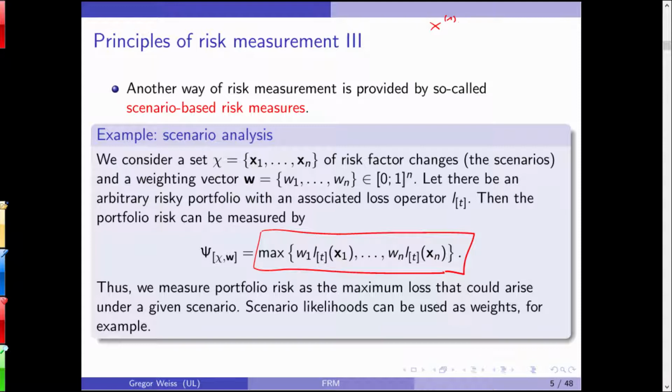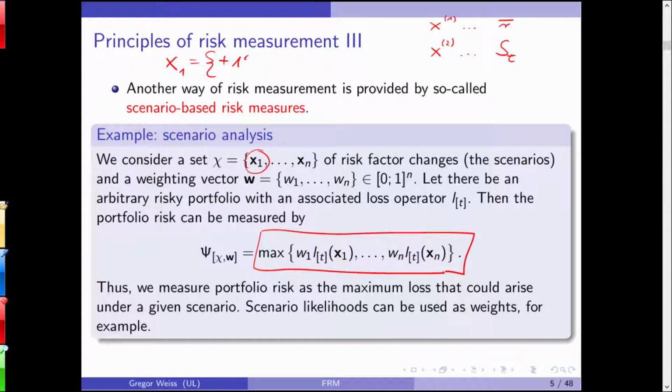Let's put it this way: X1 is the risk-free rate, and X2 is maybe a stock price. Then X1 here is simply a set of two changes in these risk factors.